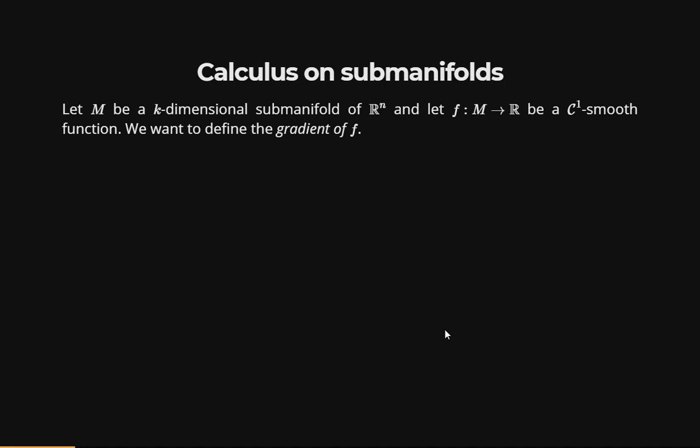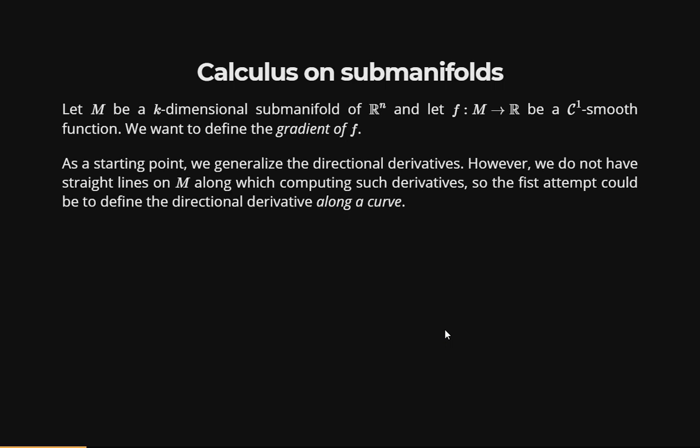So we want to define at first the gradient of a scalar function. So we have a function from our k-dimensional submanifold to R, for example, and we want to define the gradient of f. I mean, you could have some definitions in mind. So let's do it systematically.